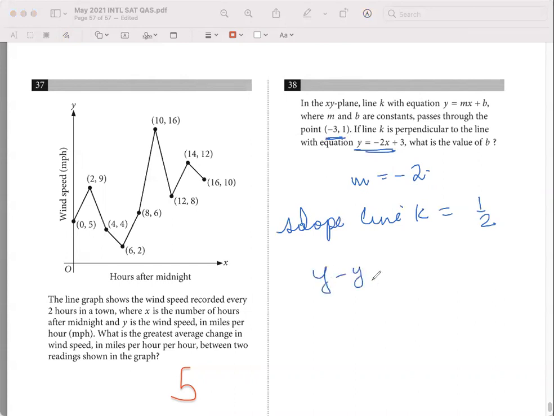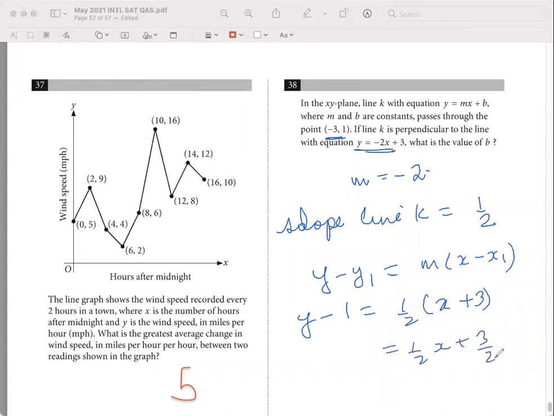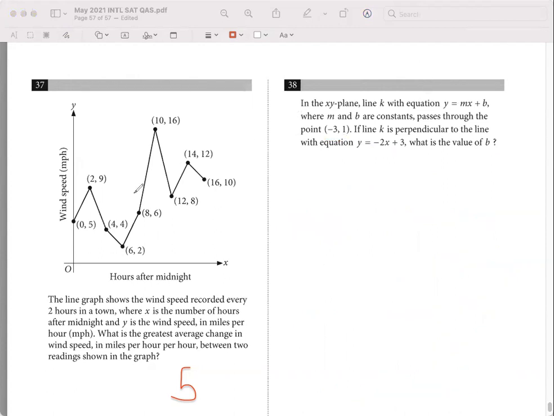So y minus y1 is m times x minus x1. So y minus 1 is half x plus 3, which is half x plus 3 by 2. So y is half x plus 5 by 2, 3 by 2 plus 1. So m is half and b is 5 by 2 by comparing the two equations. So the value of b is 5 by 2, which I can write as 2.5.